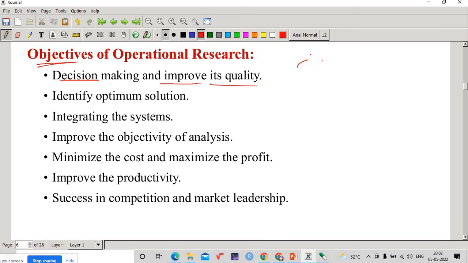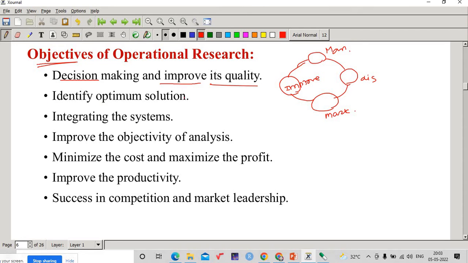Produce, then market it, get feedback, improve your product, and again get back to the manufacturing. So it's manufacturing, distribution, I must say marketing, and an improvement section. So this cycle will be followed for right decision making and improving its quality.